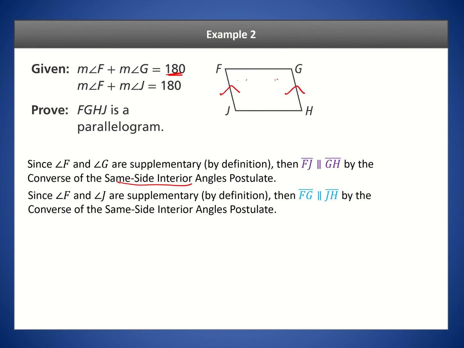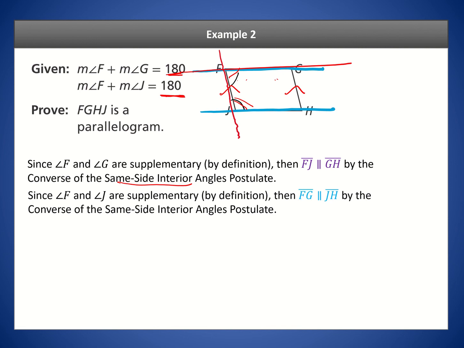Now, since F and J are supplementary by definition here, similarly, we know that they're same side interior angles. The way you can think about it is you have F and J right here, and if you look at these two sides with this as your transversal, which I'll show you in this next slide, the blue lines and the red transversal, they're same side interior angles, similarly to what we said earlier.